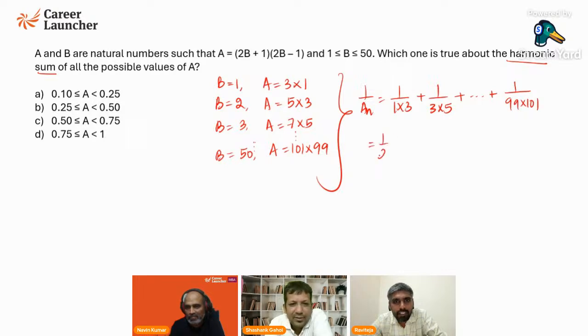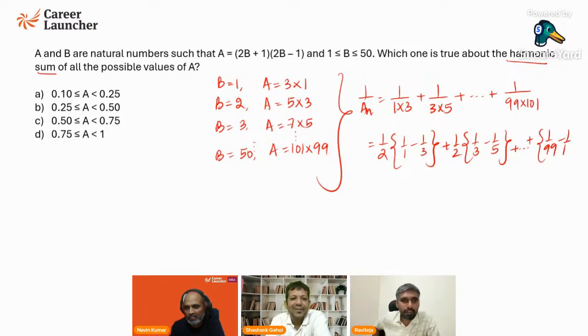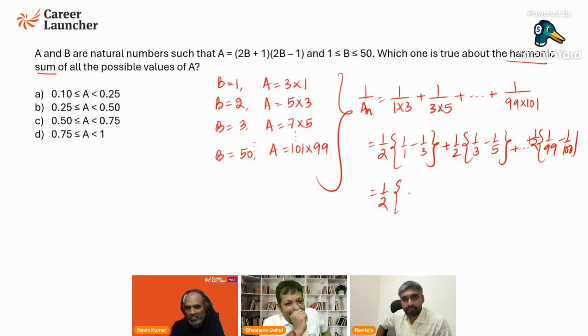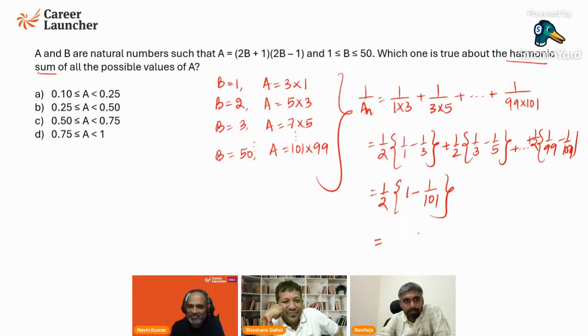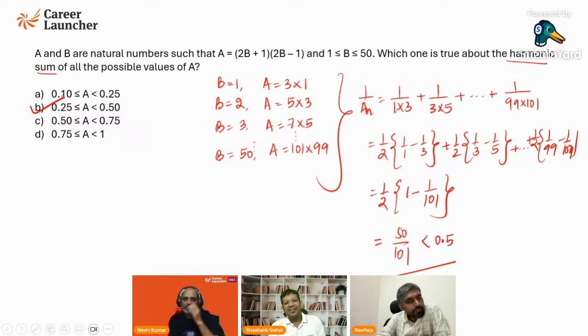It's a very common series question. और पट से सब कट जाएगा. पट से कट के 1 minus 1 by 101 बचेगा. मुझे इस वाले क्वेश्चन में एक चीज बहुत प्यारी लगती है कि एक चीज तो गारंटी है कि कटेगा. It is 100 by 101, which is less than 1 and greater than 0.5. That should be the answer.